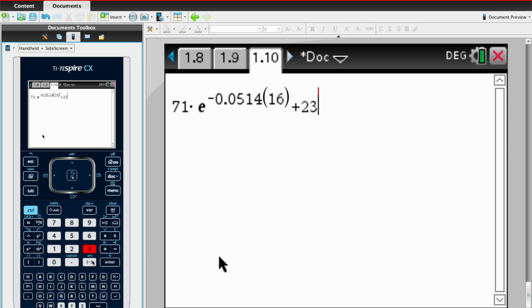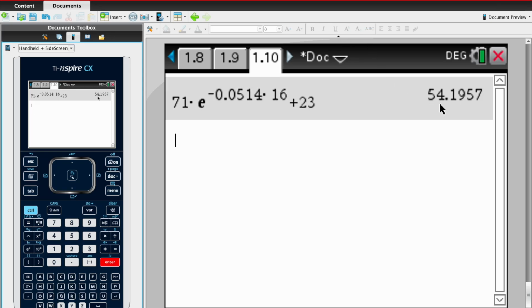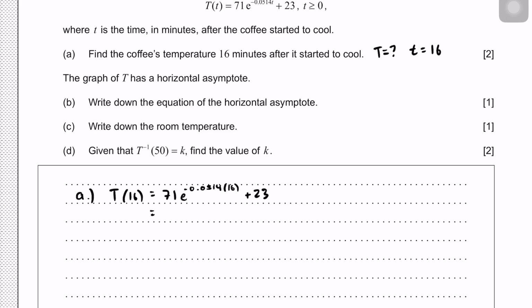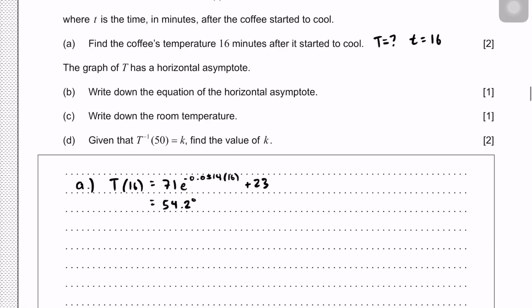Okay, let's go ahead. And our answer is 54.1957, or 54.2 degrees to 3 sig figs. All right. So writing that out, 54.2 degrees. Okay, let's go on.